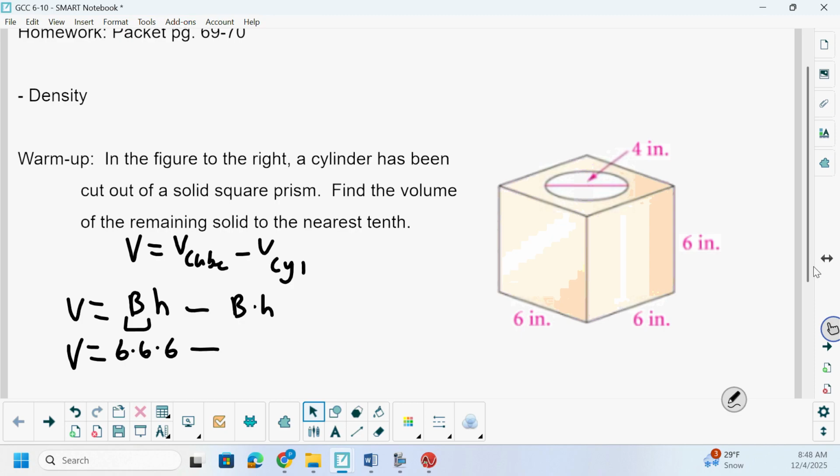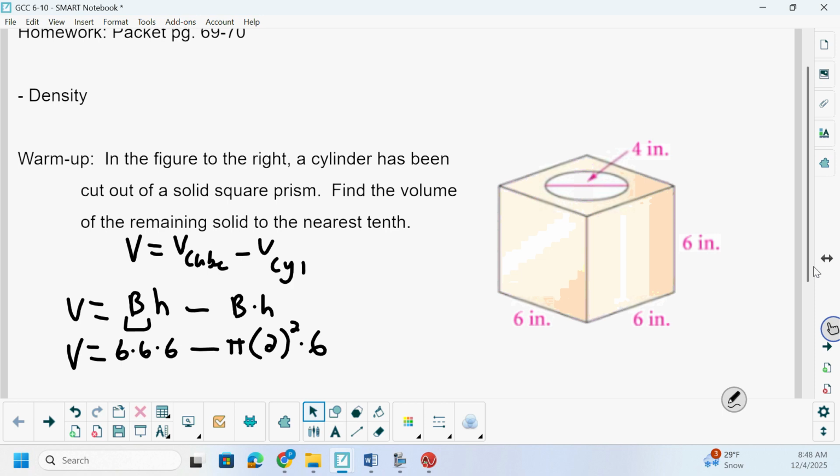You should be replacing the capital B with whatever the formula is for that base's shape. So in our cylinder we have a circle, so capital B is getting replaced with pi times radius squared. We have a 4-inch diameter, so we'll have a 2-inch radius. And then the height in the cylinder is just the same as the height of the cube, which is 6.